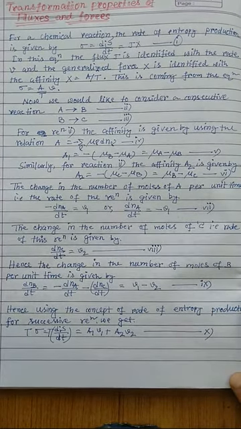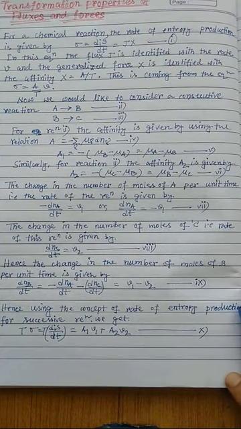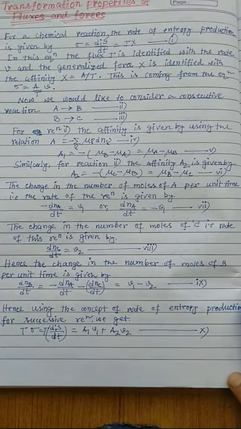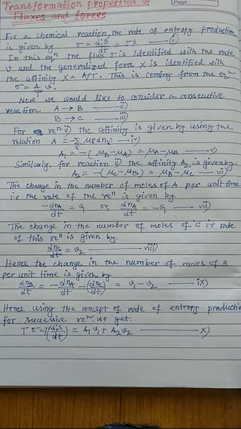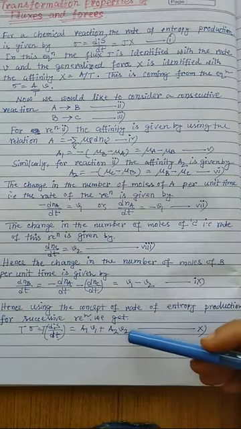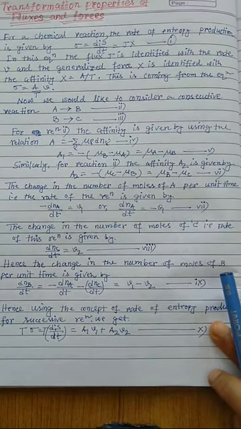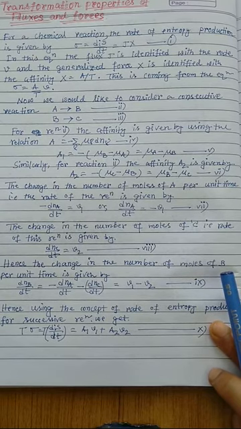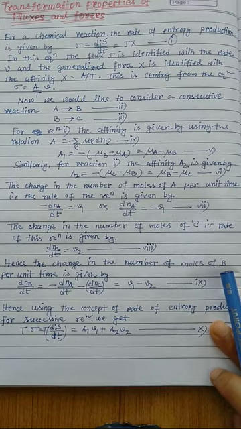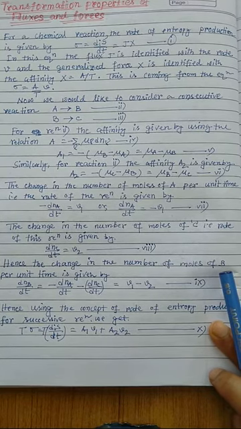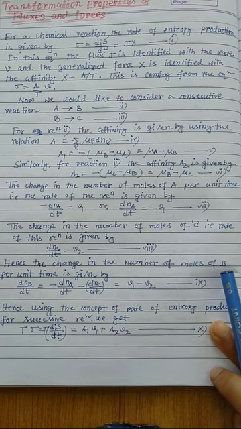Hence, using the concept of rate of entropy production for successive or consecutive reactions, we can say that T into sigma equals T into dS by dt equals A1 V1 plus A2 V2, because we have already studied these things in some classes before. For coupled reactions, where more than one reaction scheme takes place simultaneously or consecutively, the summation of the affinities multiplied by the rates should be greater than or equal to 0, and that should be equal to T into the entropy production rate.